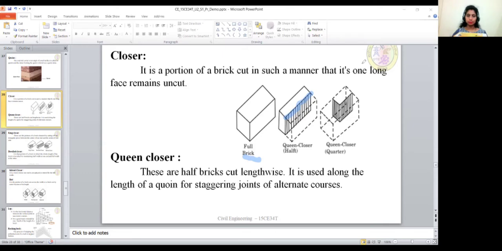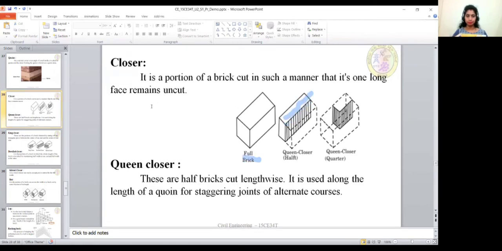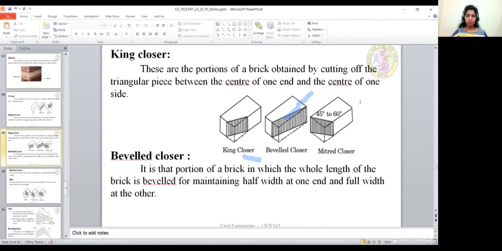Next term, let's say king closure. In king closure, this is the portion of a brick obtained by cutting off the triangular piece between the center of one end and the center of one side.